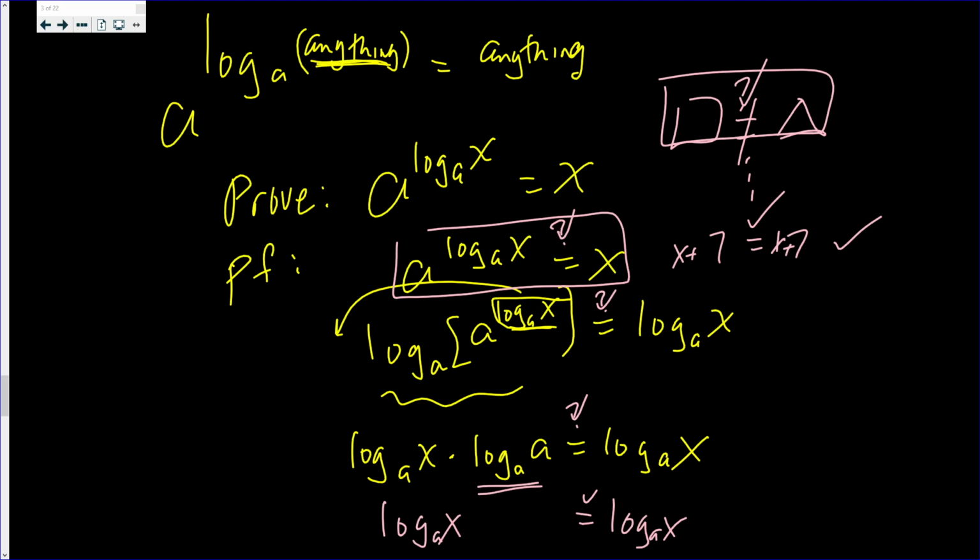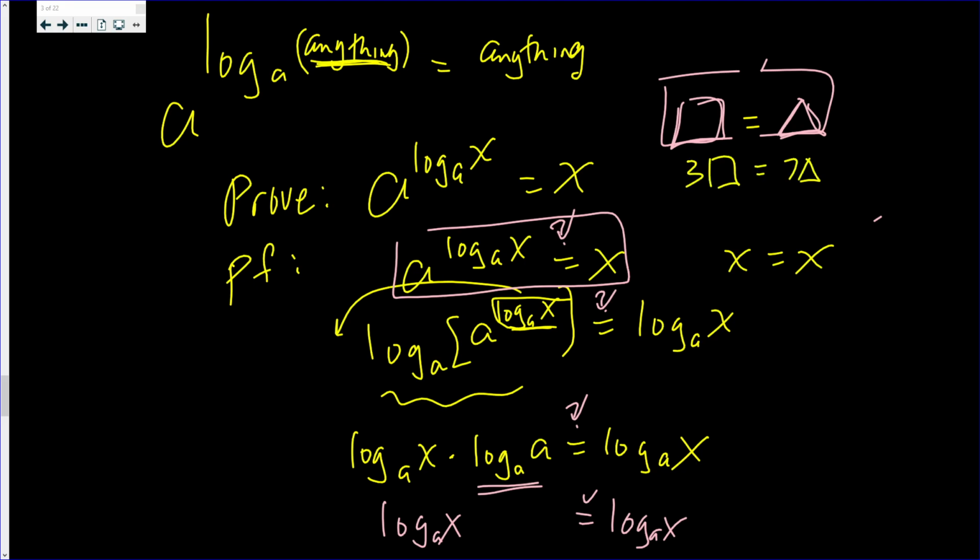Of course, if you multiply the left side by 7 and the right side by 3, there's no reason to assume, after you make a mistake like that, and then you conclude that x equals x. That's nonsense, because 3 times this equals 7 times that does not follow.